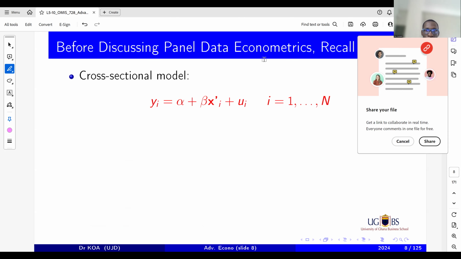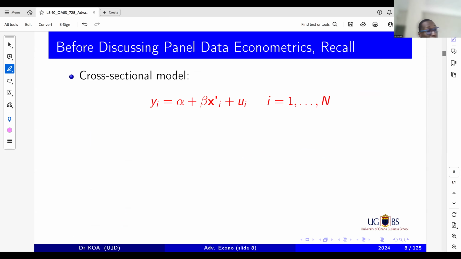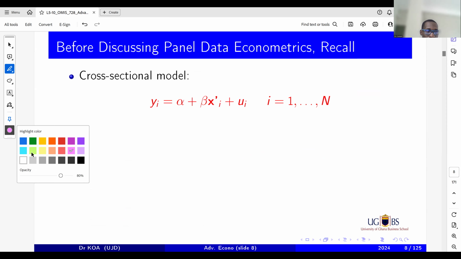So these are the two kinds of data. Now let's get into the few basics of panel data. Before the panel data, let's recall what cross-sectional data is. This is a cross-sectional data, as you can see here. This cross-sectional data is indicative of the fact that you have, just a minute.